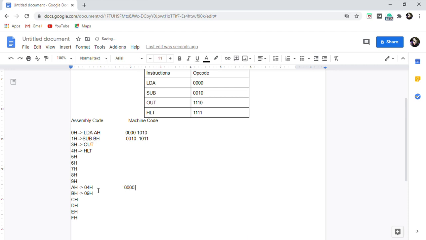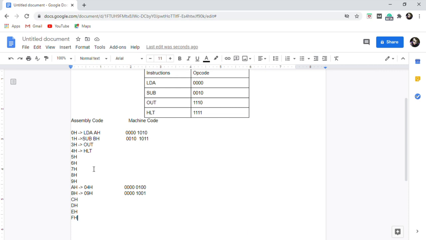So 04 means 0100. Then after we need to write the binary form of 9H, which is 1001. So we have basically finished our problem.